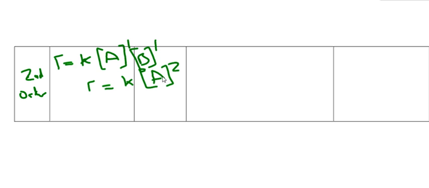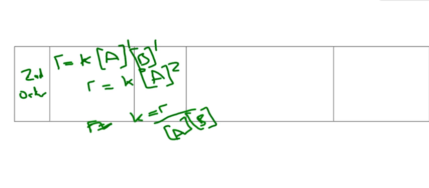Then in both cases you'd rearrange the equation, so K is equal to R over A B. I think we'll look at this one first.